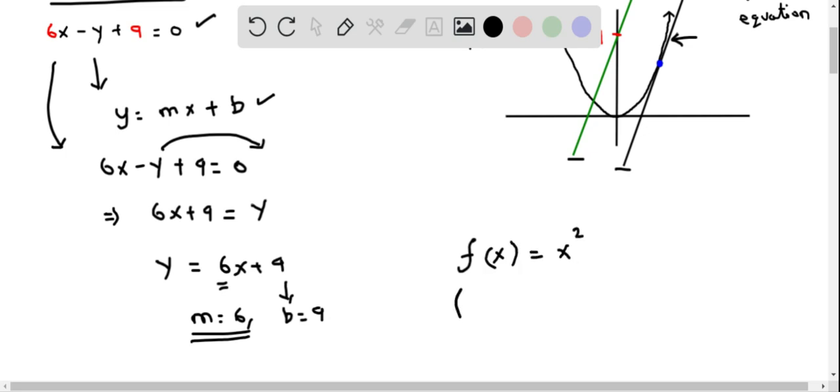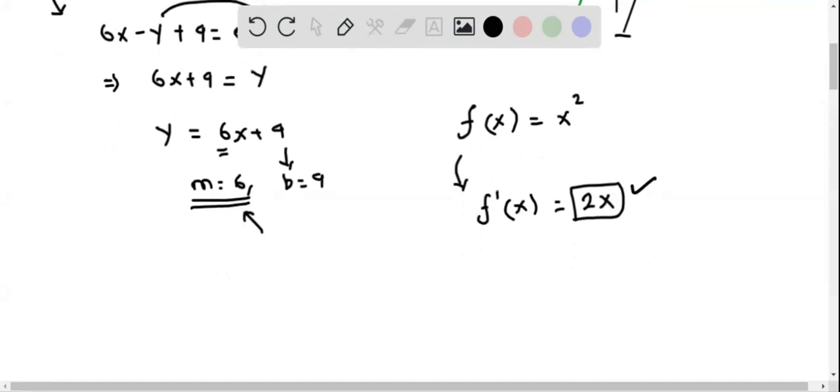Its slope is given by the derivative of f of x, which is f prime of x, and so this equals 2x. And this means this is the slope of the parabola, and this is equal to the slope of the line, because this represents the slope of the required line, which is tangent to the graph of f of x. So these two must be equal.